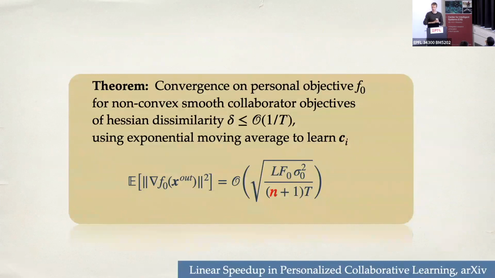Here we need the tasks to have Hessian similarity, so basically the landscapes of each agent must be very similar to each other. If they are, then the gradients help to some degree. One downside is that we need the similarity to become very, very high when the number of steps grows at the moment. But this is, I guess, a nice research topic.